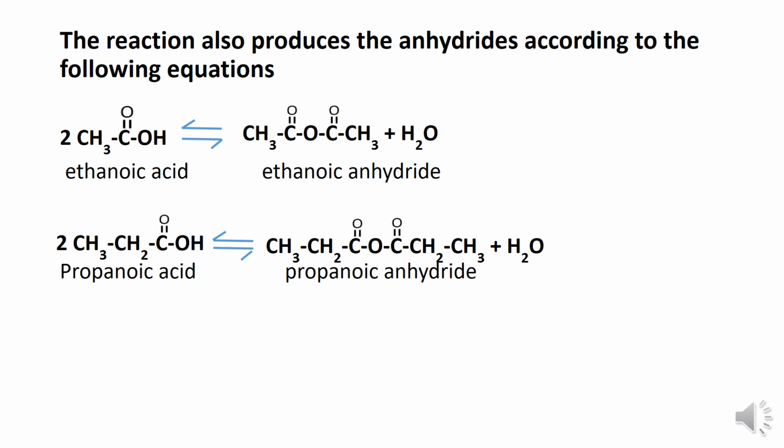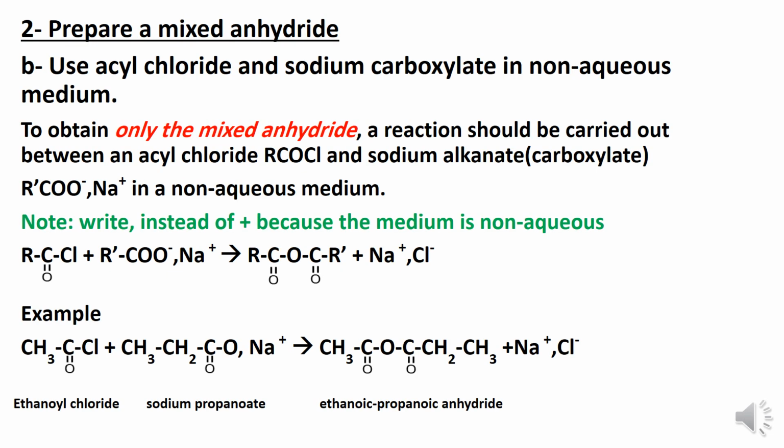Now the question here: how can we produce only one mixed anhydride without these two products? In order to prepare only a mixed anhydride, we have to use acyl chloride and sodium carboxylate in non-aqueous medium.